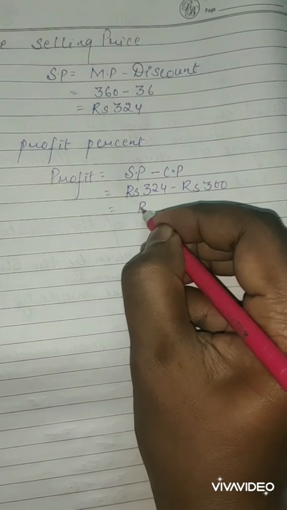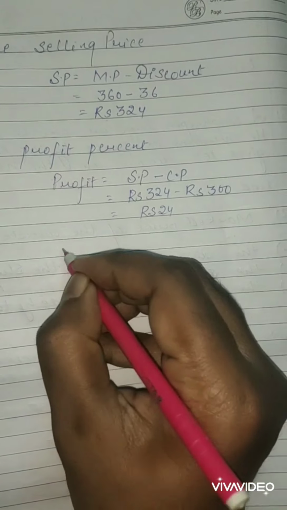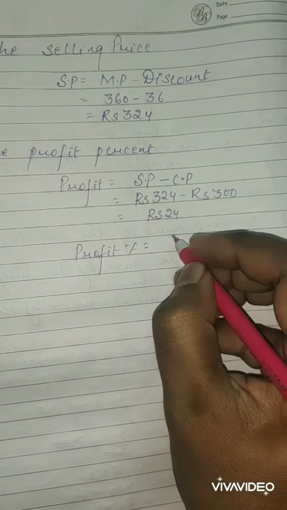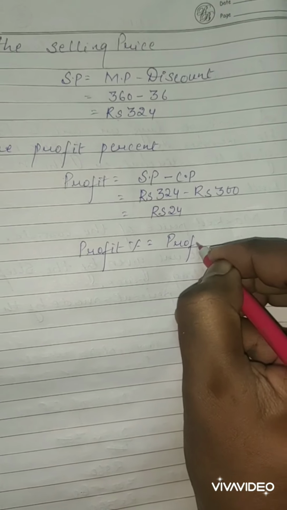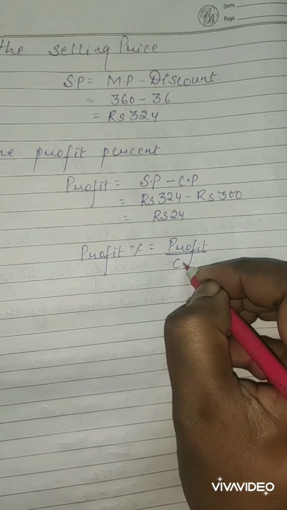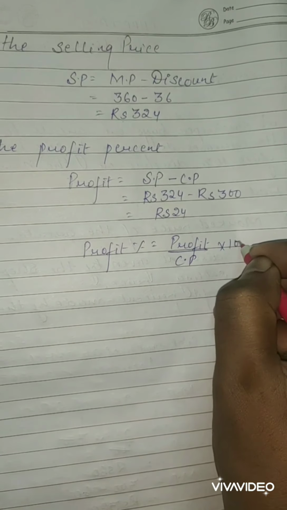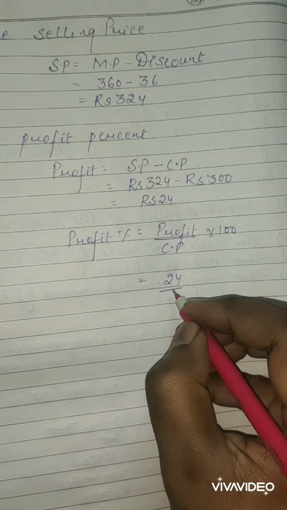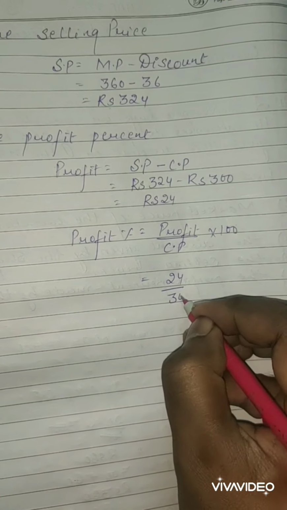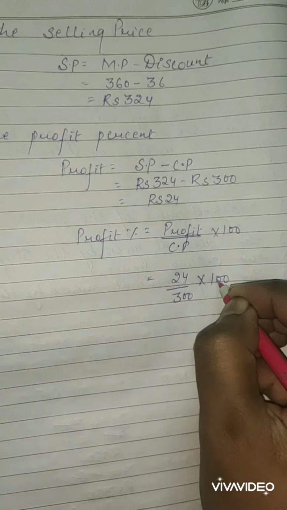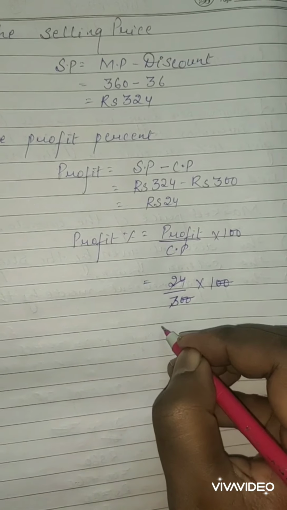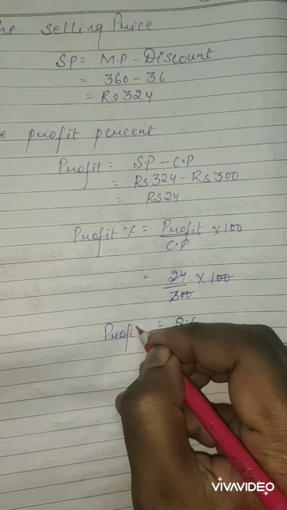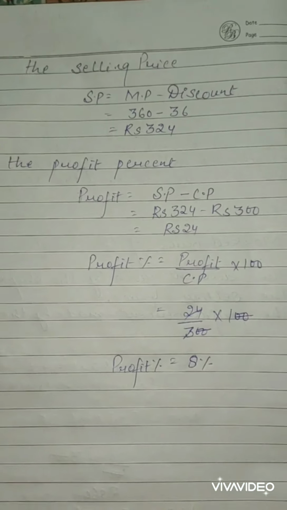Clear? So this will be rupees 24. Now profit percent is equal to profit upon CP into 100. This is the basic formula. 24 upon CP, which was 300, multiplied by 100. This will be 8%, the profit percent. I hope it is clear.